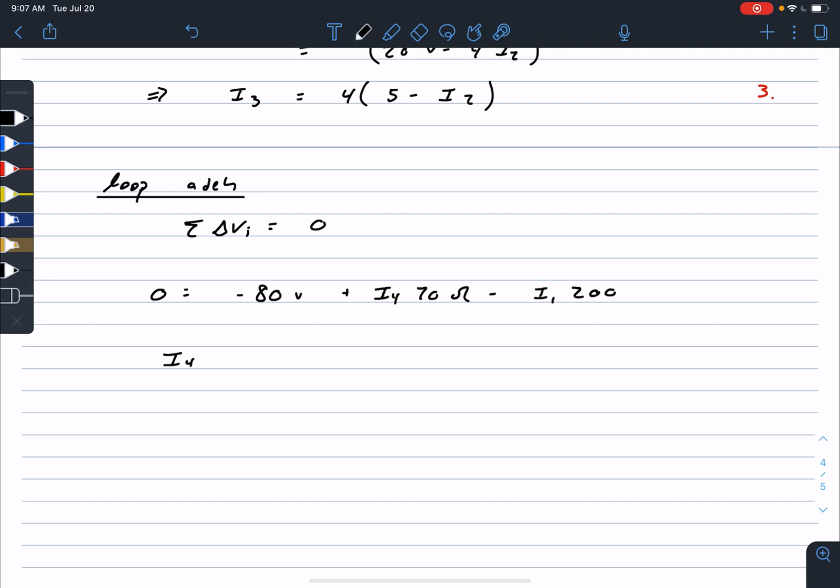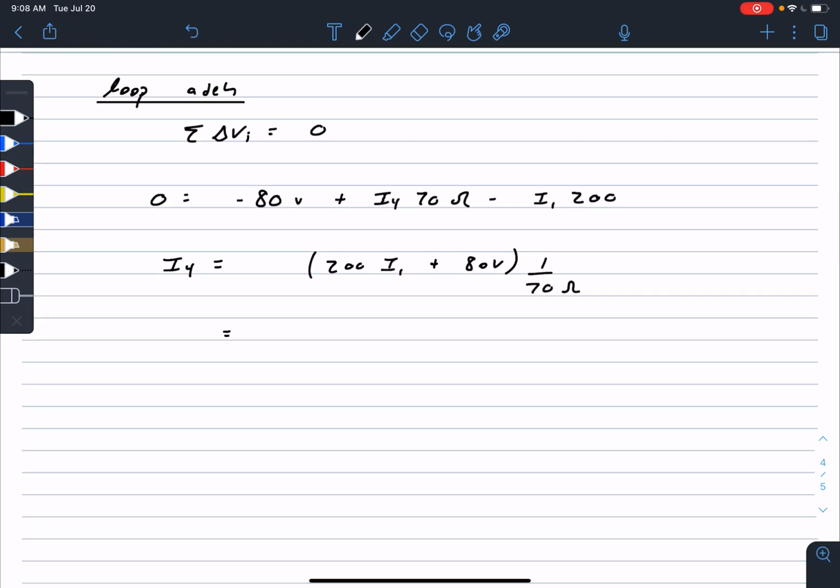Okay, so now, doing the same thing that we did before, let's put I4 in terms of I1. I1 is our chosen variable here that we're going to find first. So then we have 200 I1 plus 80 volts, and we put all of that over 70 ohms. Then we take a factor of 40, and that leaves us with 5I1 plus 2.